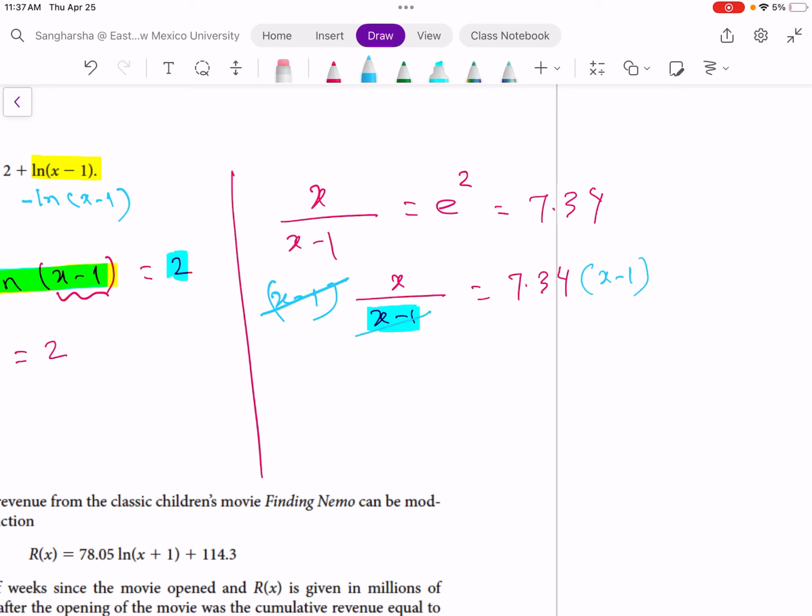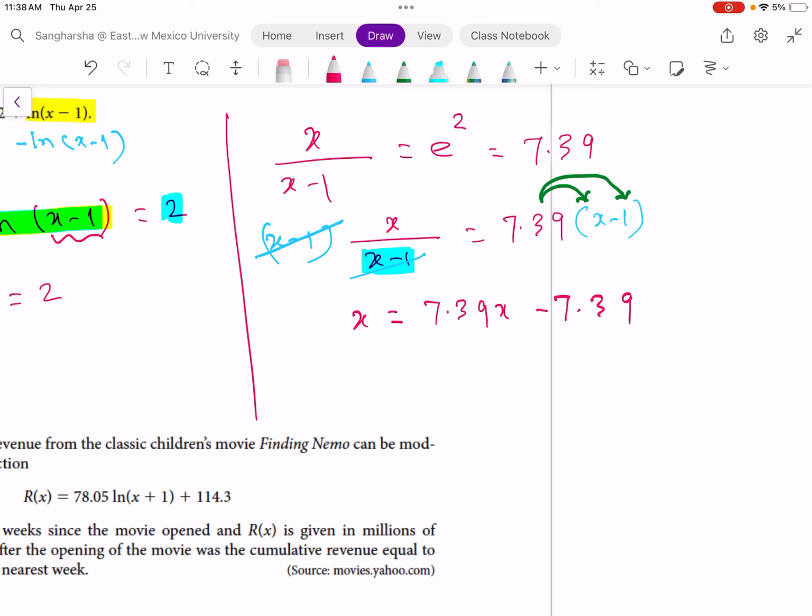So we have x on the left side and we distribute 7.34. It's actually 7.39. So let me go with 7.39. Now you distribute: 7.39 times x, 7.39x, 7.39 times negative 1.